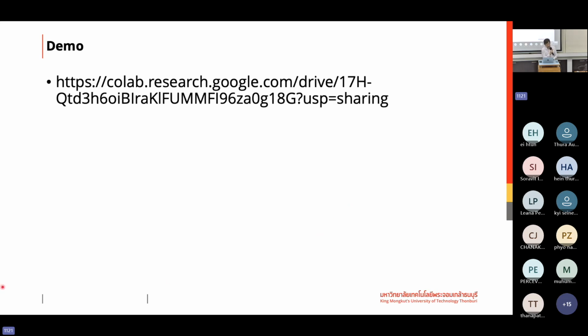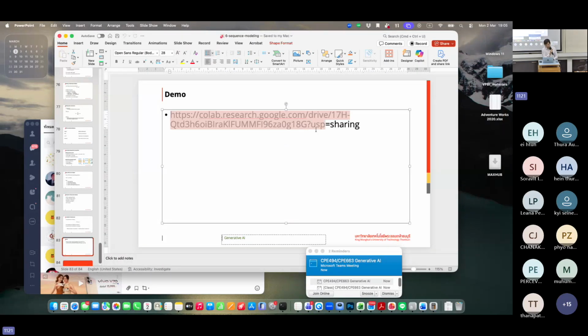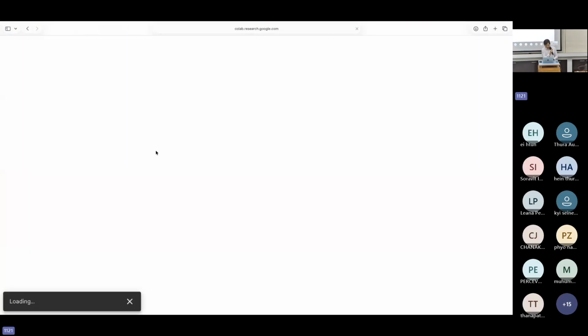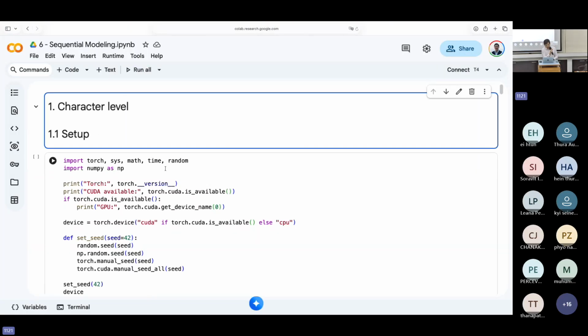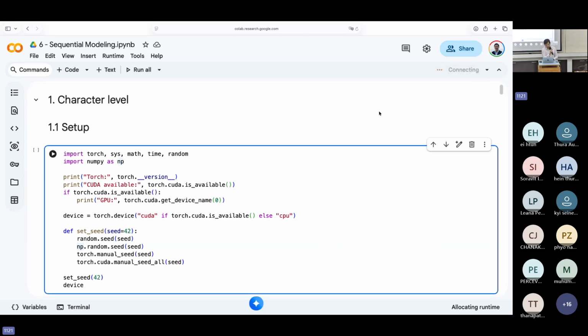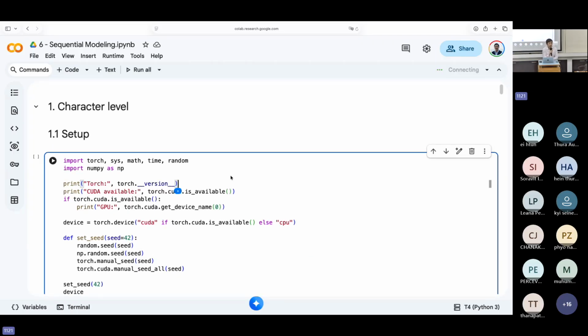Let's look at the lab. All right. The first example would be vanilla RNN, and then the second one would be LSTM.